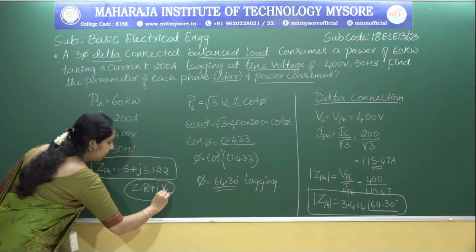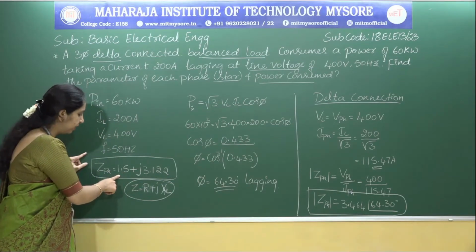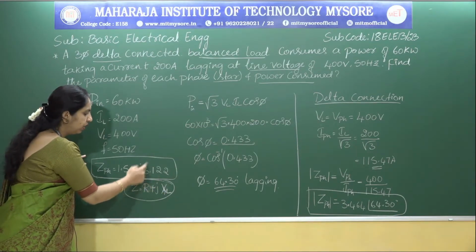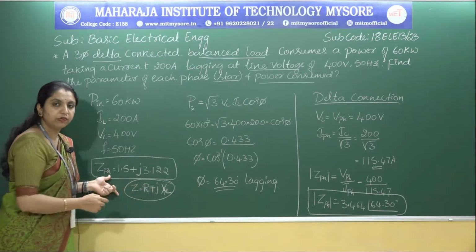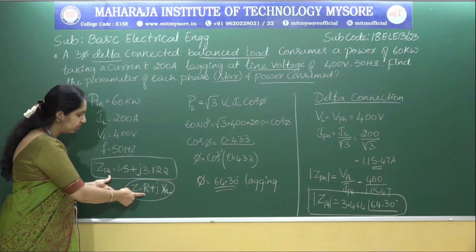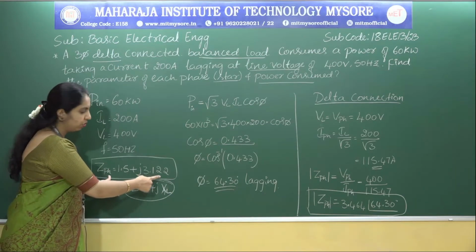So remember the equation which we have obtained in rectangular form is Z is equal to R plus j into XL. Now what are the values of R and XL? The R value, that means the resistance value, is 1.5 and the XL value is 3.122.